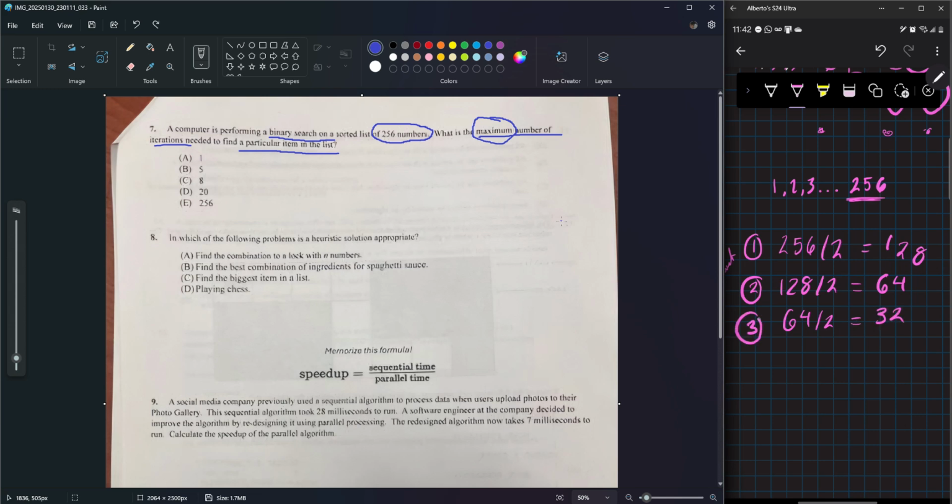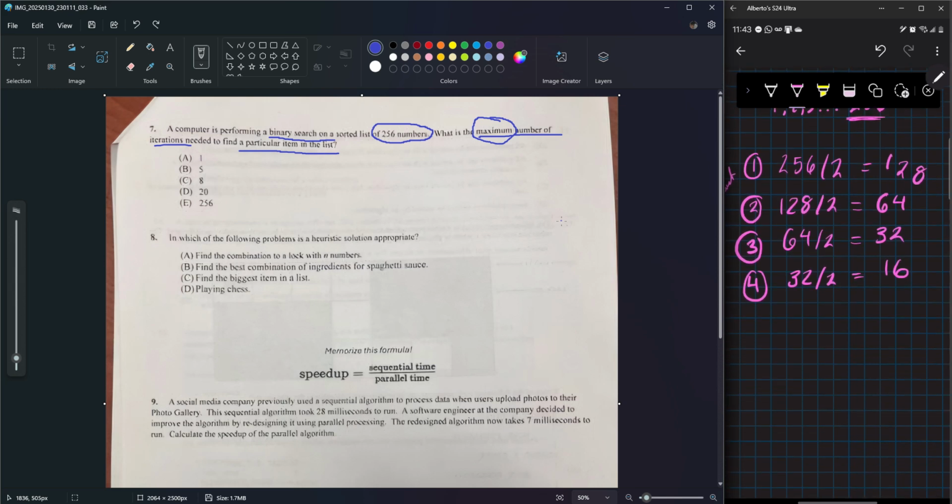That's 3 times. 32 divided by 2 is 16. That's 4 times. Then 16 divided by 2 is 8. 8 divided by 2 is 4. 4 divided by 2 is 2. And then 2 divided by 2.